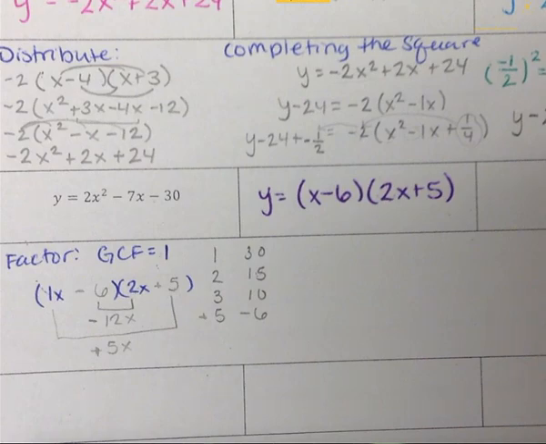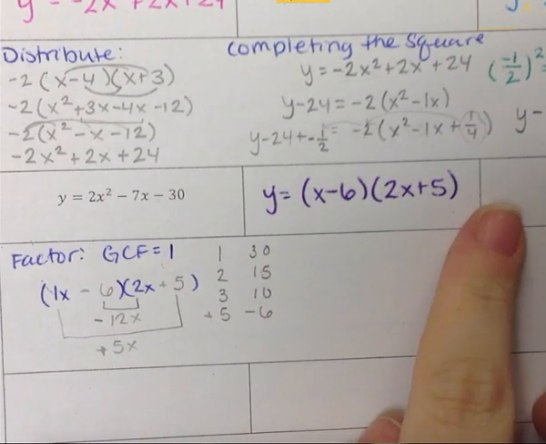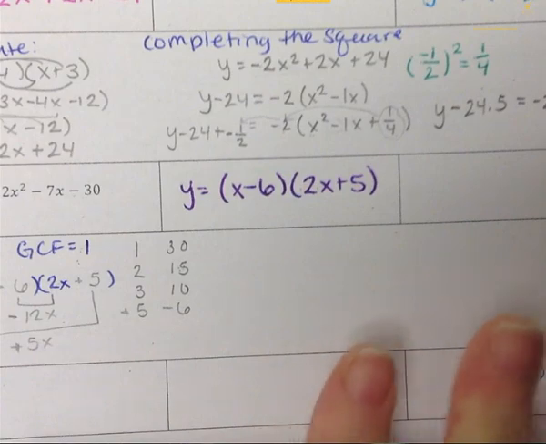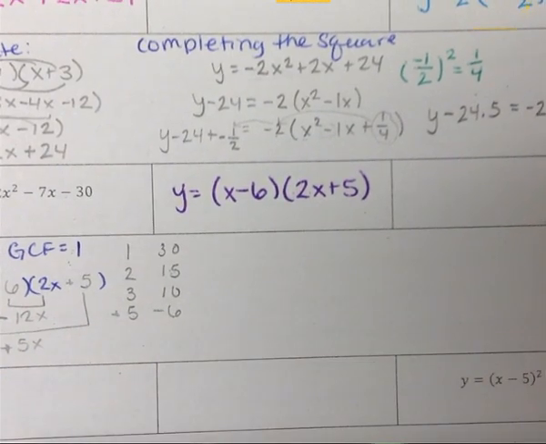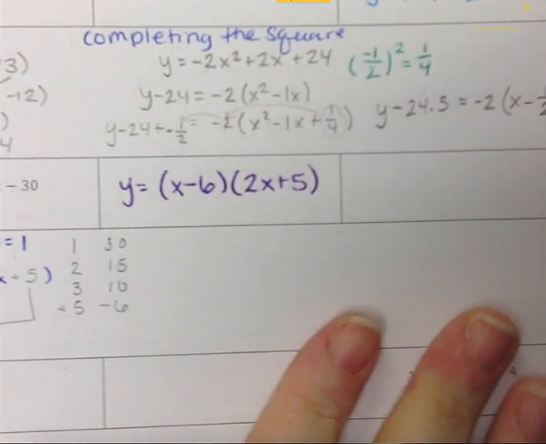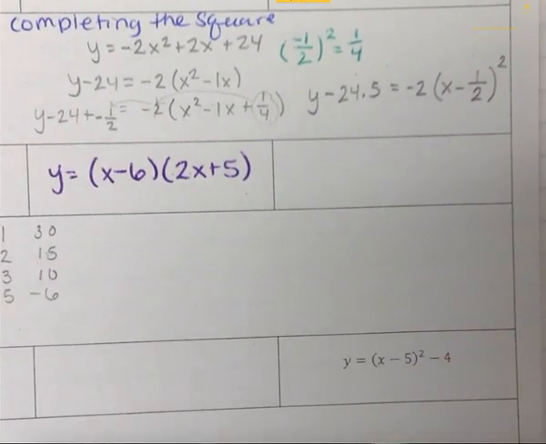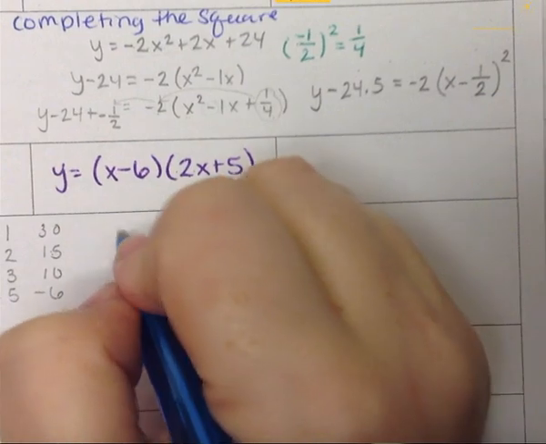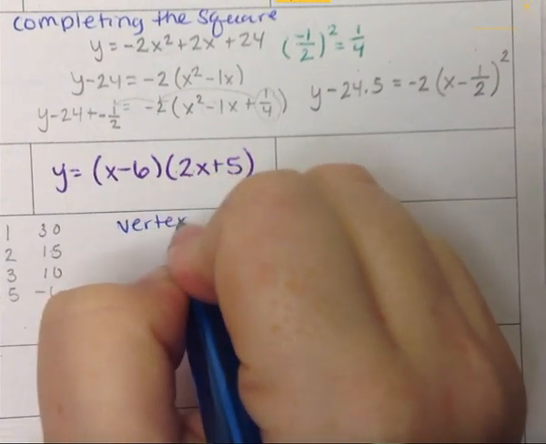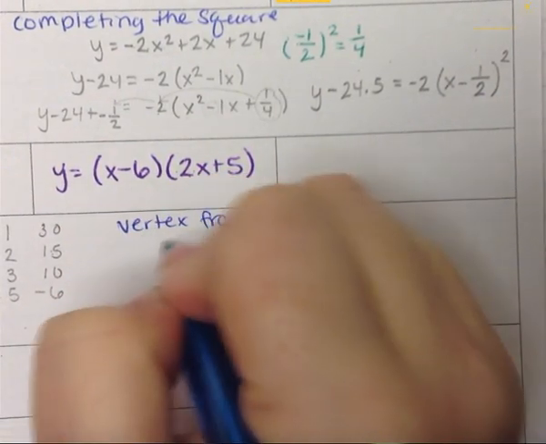Now we can go from standard form into vertex form by completing the square, or just finding the vertex from the calculator and using your a value. So let's actually do that. Let's find our vertex from the calculator.